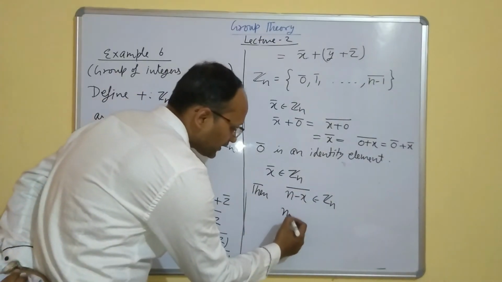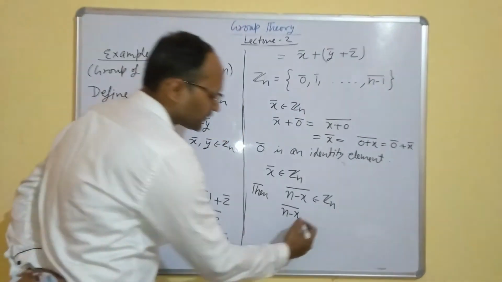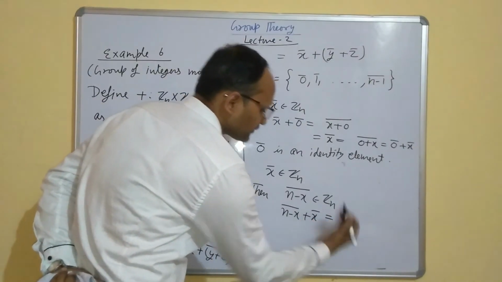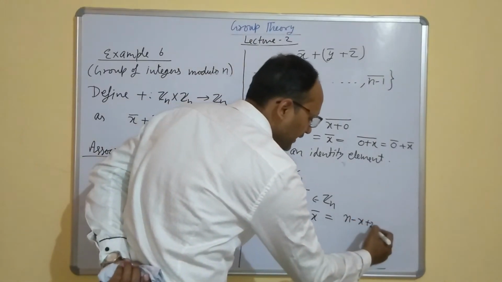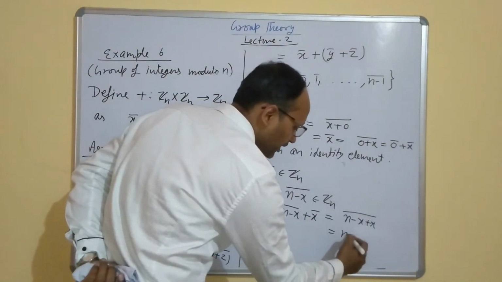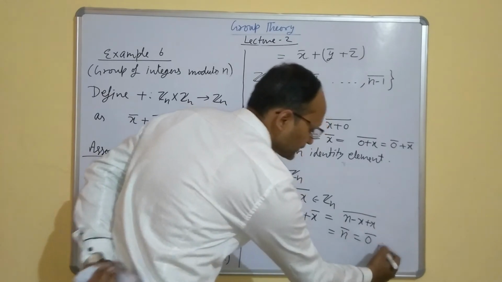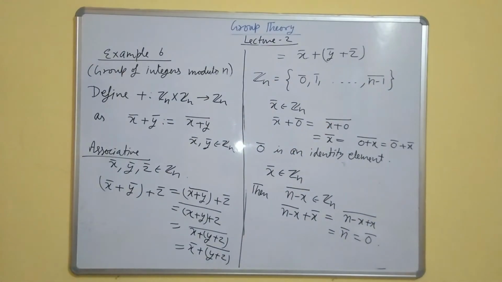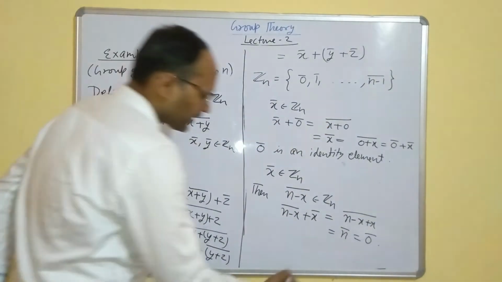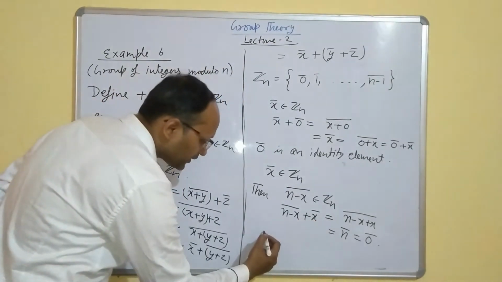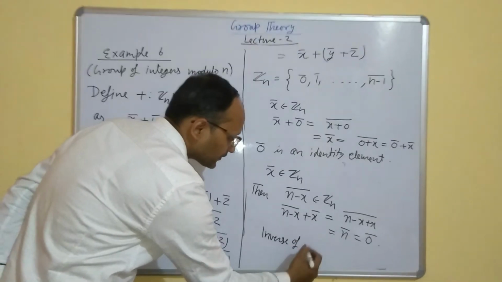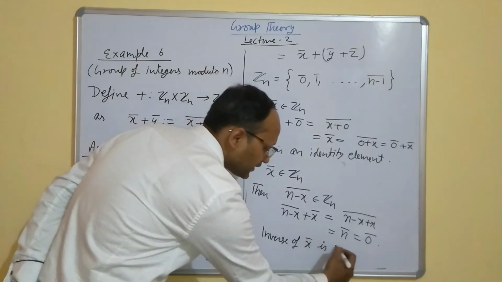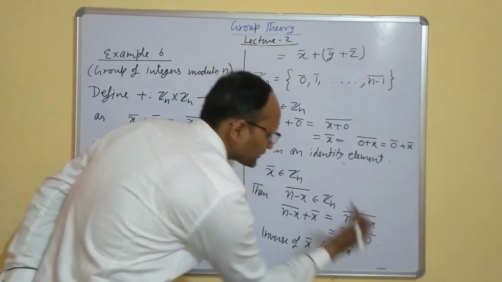So what will happen? N minus x bar plus x bar, if we do this, is n minus x plus x whole bar, this is n bar, and n bar is 0 bar. So it means the inverse of x bar is n minus x bar.